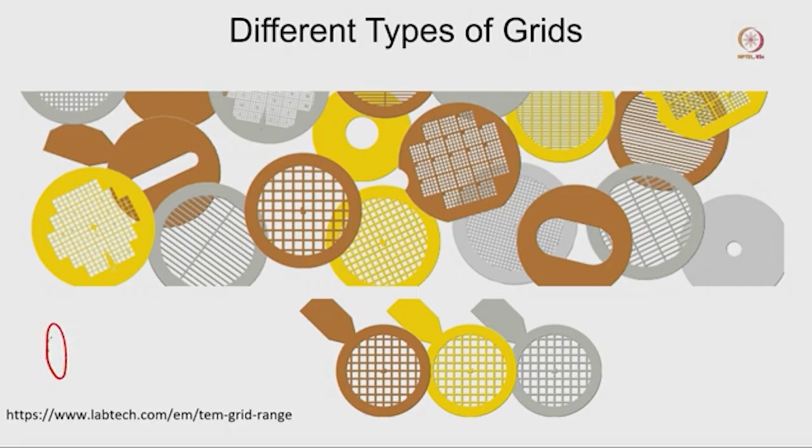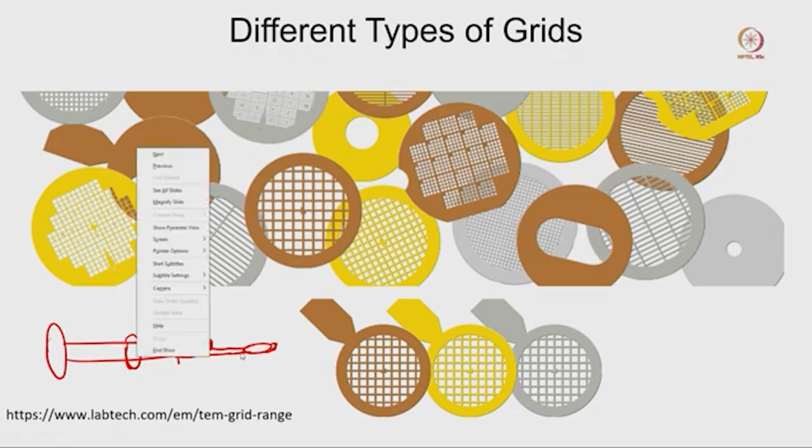You have an adapter and then a rod, there is a pin which will recognize, then there will be an area, there will be an O-ring here which connects directly to the microscope, and this is the place where your grid will go. So, this is the entire structure of your holder.